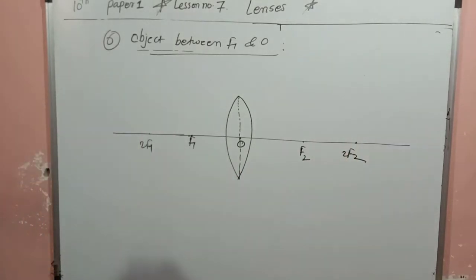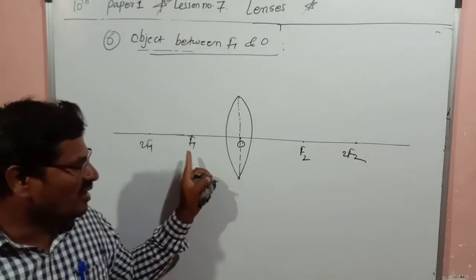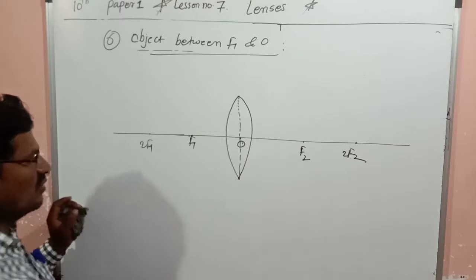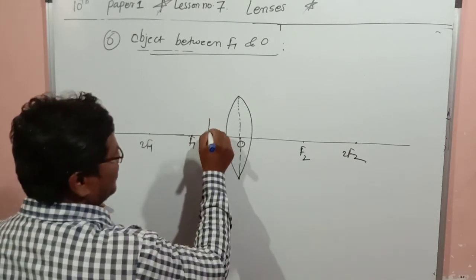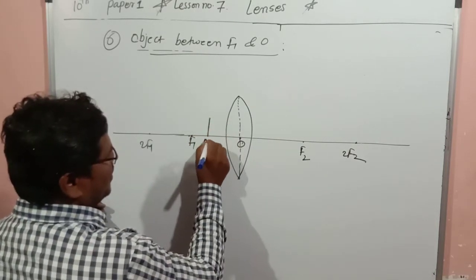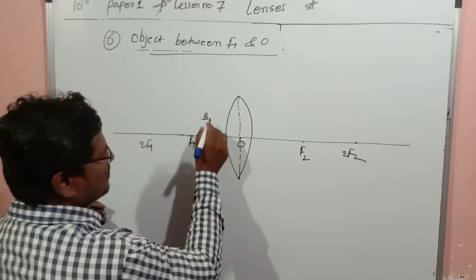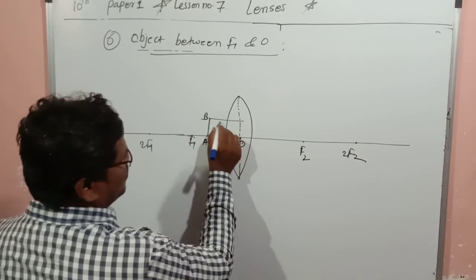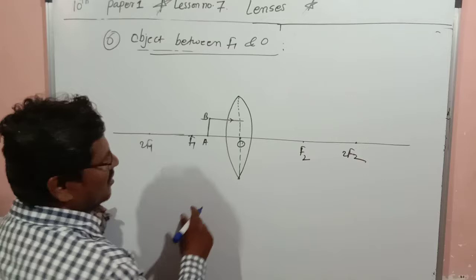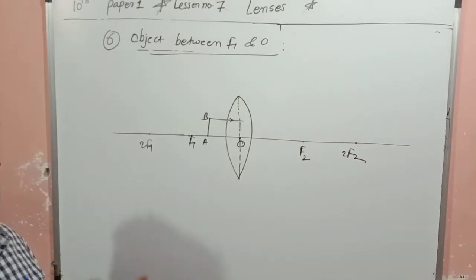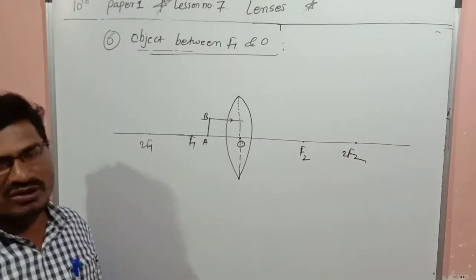Now where do you have to keep the object? We have to keep the object between F1 and O. So you take the object here this way. Suppose AB is the object. The first light ray goes parallel to the principal axis. You have to use a scale and pencil for drawing the ray diagram.